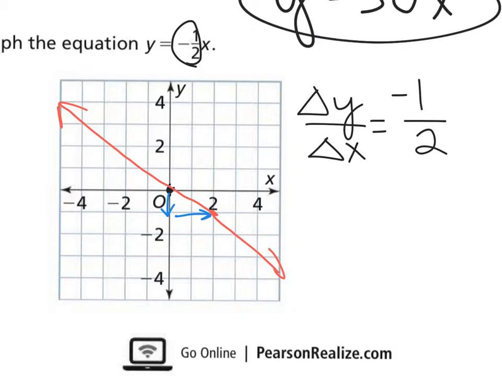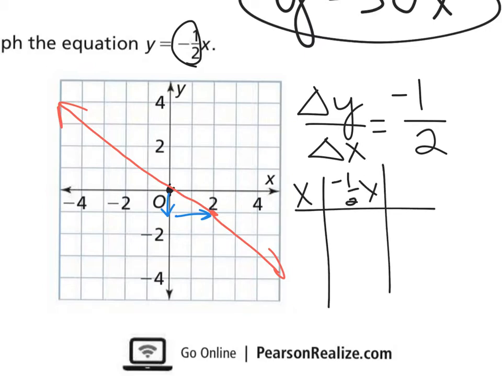The other option you have, like we mentioned earlier, is to substitute numbers. So y is equal to -1/2 x, so we can just put in numbers. If we put in 0, y would be 0. We've already found that one. The deal is, since we have a fraction, I could put a 1 for x, but then I'm going to get a fraction that I'm going to have to graph.